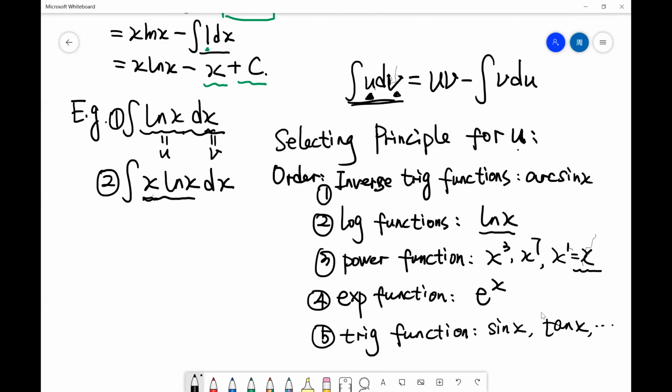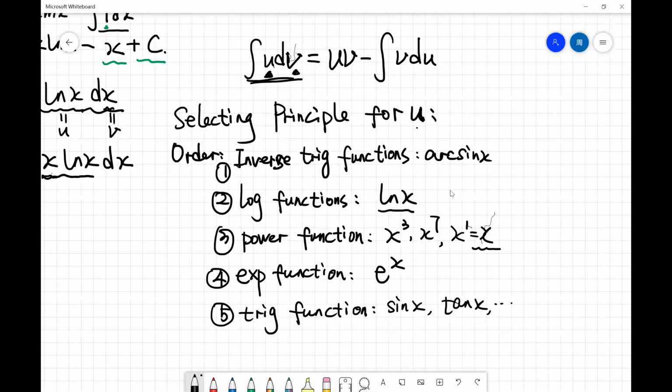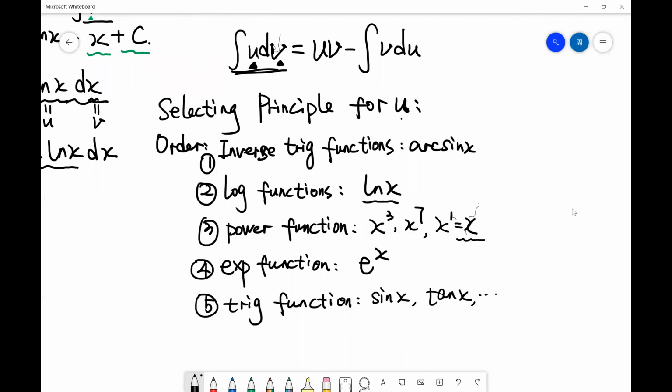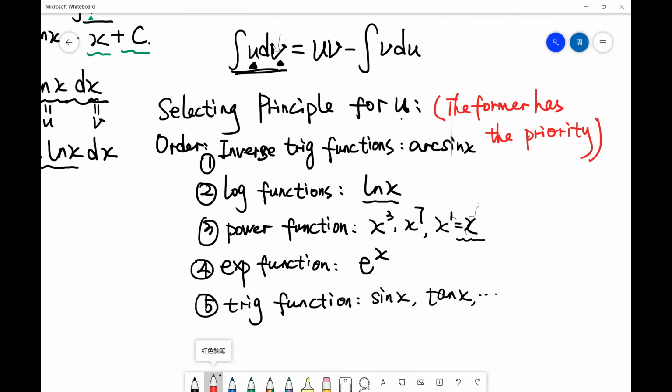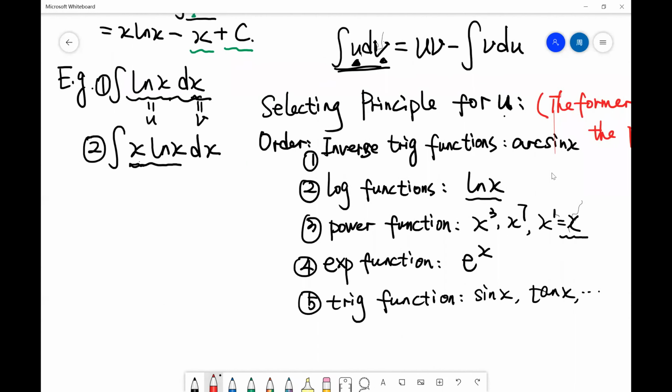And here you should know, I will write it in red, which means it is very important, that the former has the priority. That means if you find two functions here, for example the first is x and the second is ln x, right?